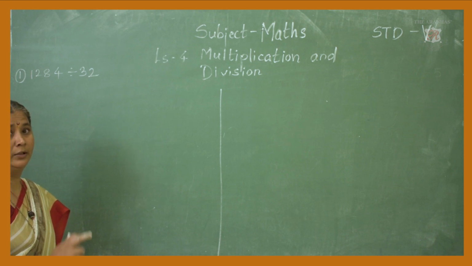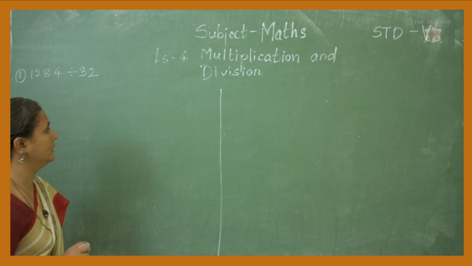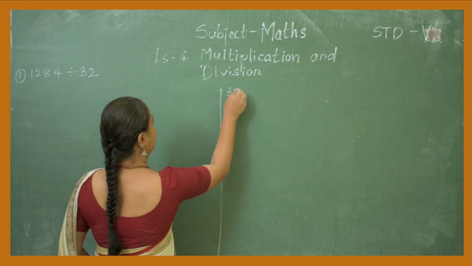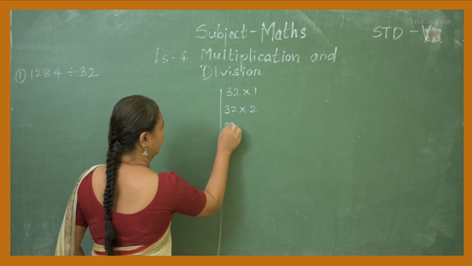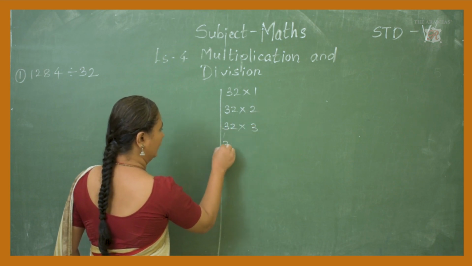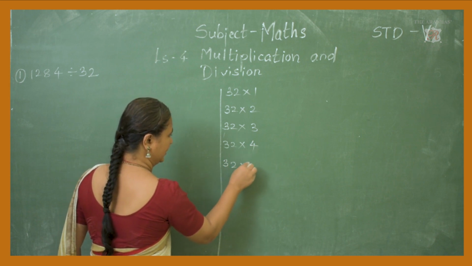But you can write the table of 32 by multiplication, isn't it? So here, write the table of 32. Always, at home also, when you are writing the tables, write them in the multiplication form only.